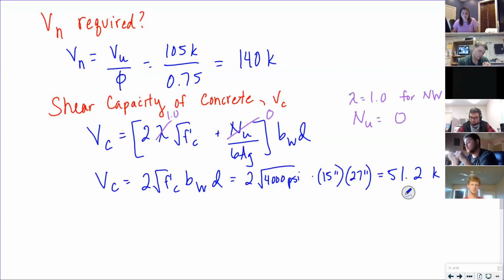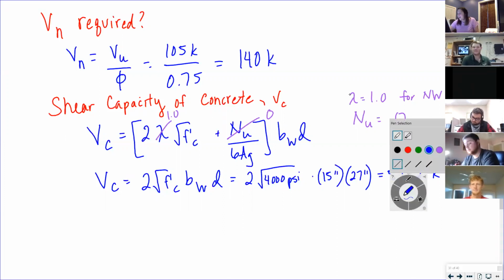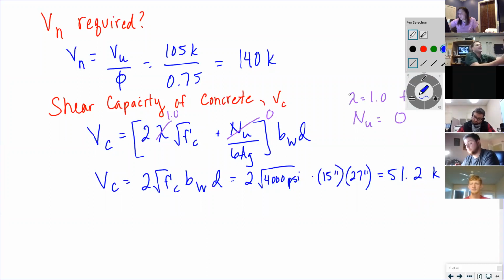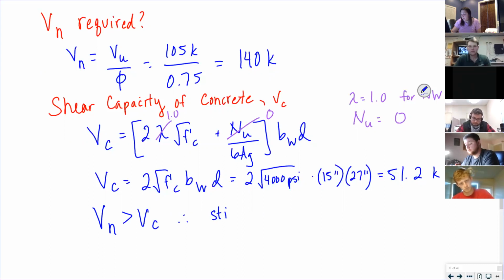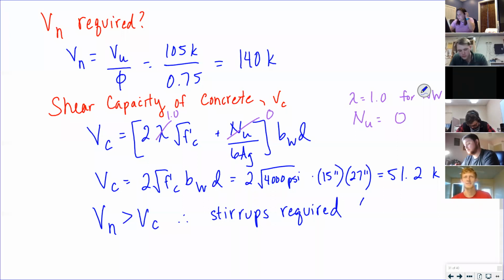So I got 51.2 kips from my concrete, but I need 140 kips. So I need to make up for it with some steel.